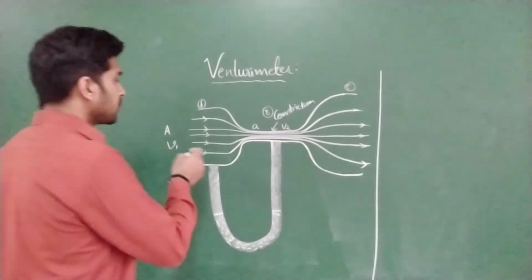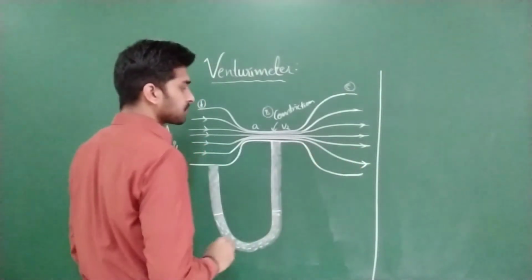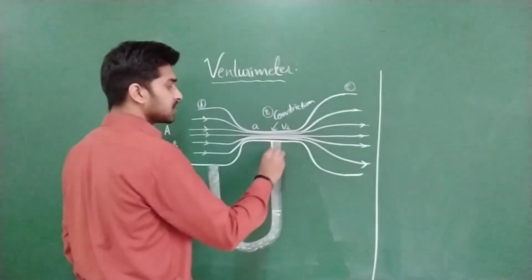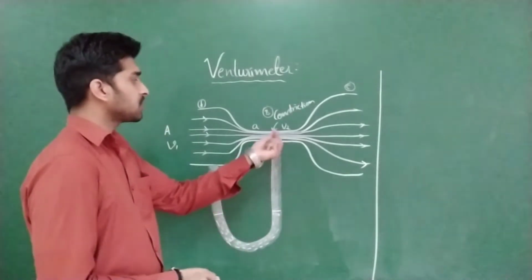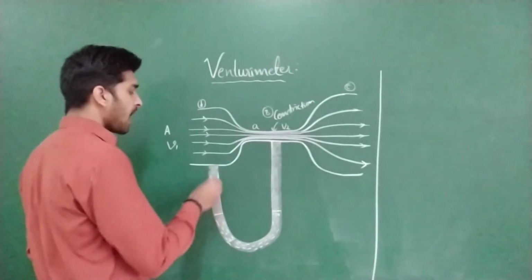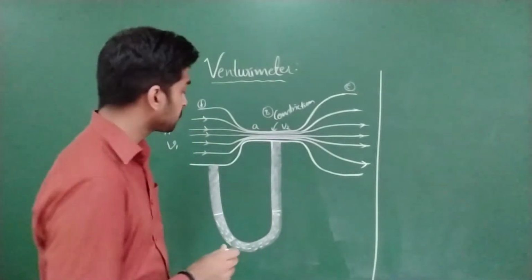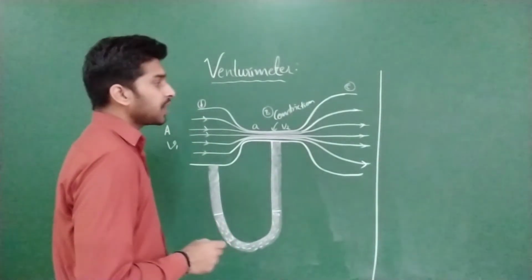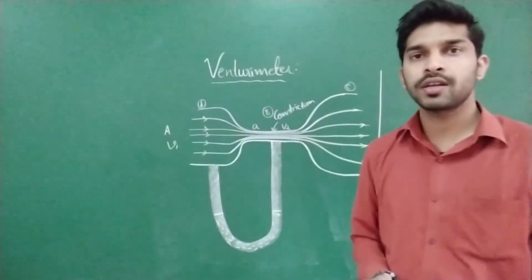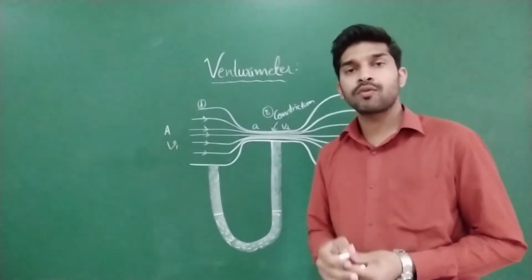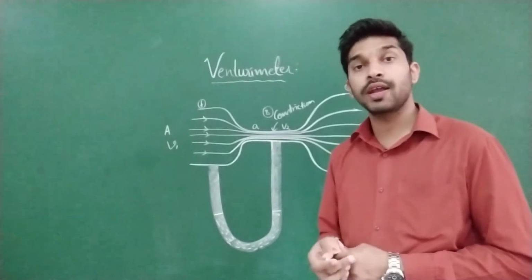Here I have now drawn the streamlines. This is a U-shaped tube which is connected: one end is connected to the constriction part, and one more end is connected at the broader neck part. So from the equation of continuity, what do we know? The equation of continuity says the rate of fluid flow will be constant, that is A1 V1 is equal to A2 V2.